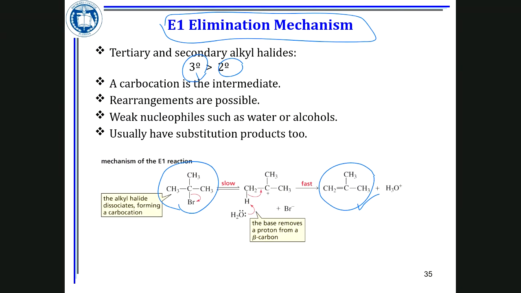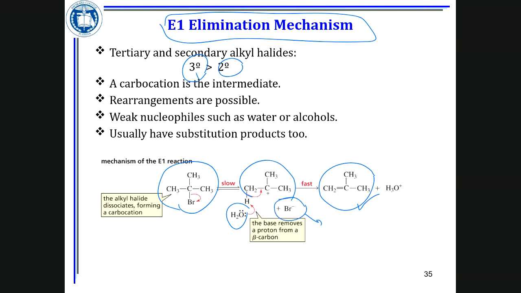What's your reagent? Your reagent is going to be a strong base because you are doing an elimination reaction. So you must have a good leaving group, and a tertiary carbocation for E1 or a secondary carbocation, and a good leaving group also.